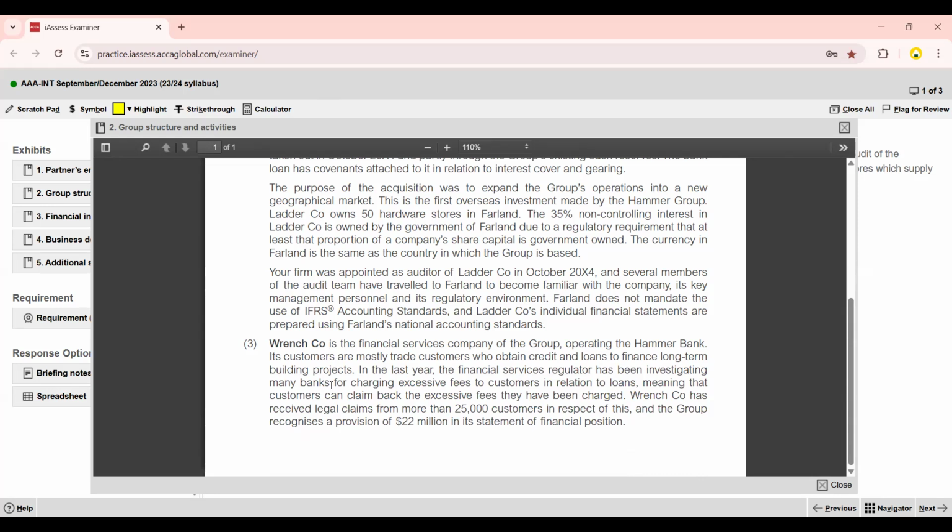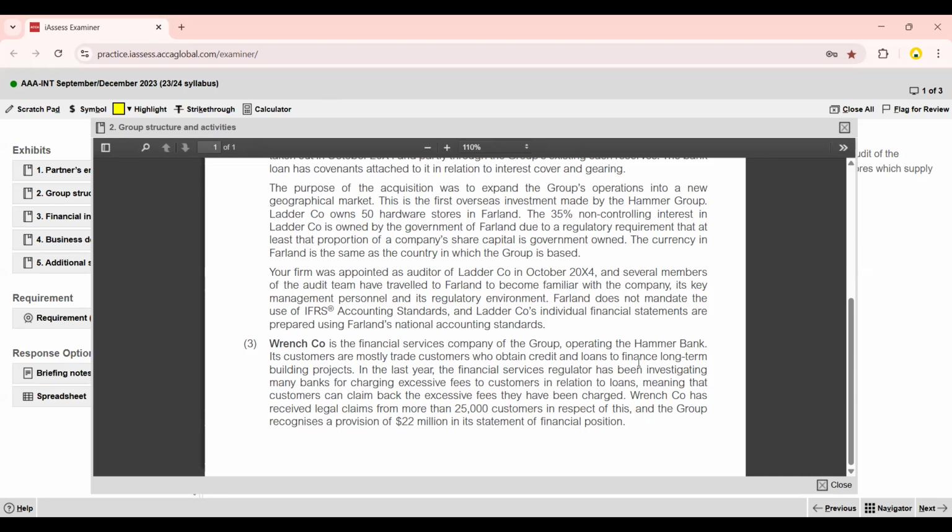Ranch Company has received legal claims from more than 25,000 customers. This is an alarming situation. In respect of this, the group recognized a provision of 22 million in its statement of financial position. There is a possibility that the provision might be more than this 22 million, so we have to be skeptical as well.